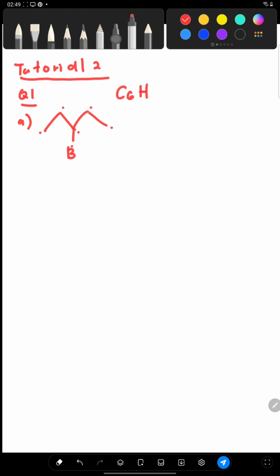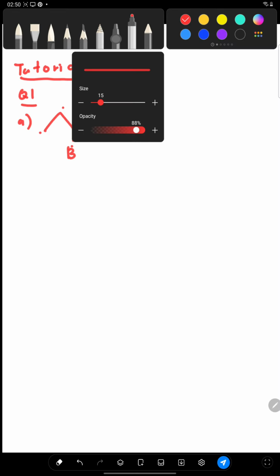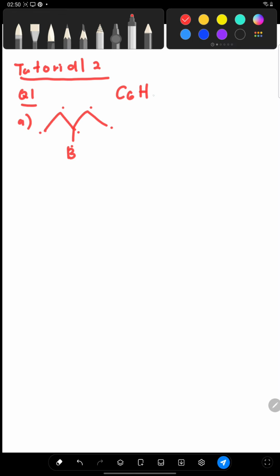Here is 2, you get 8, 8 plus 3 equals 11. Then 11 plus 3 equals 14.